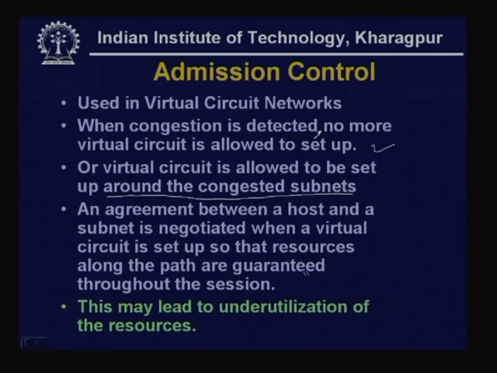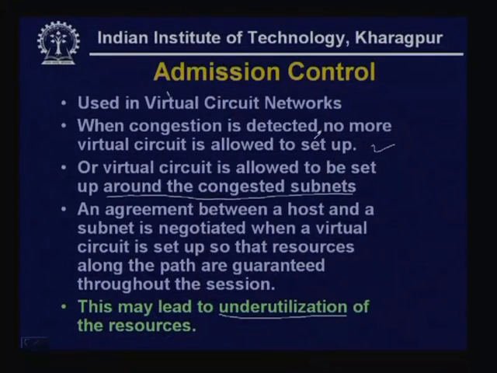However, this may lead to underutilization of the resources. Since the source node is negotiating and allocating some of the bandwidth and resources, even when it is not utilized because of the bursty nature of traffic, it is underutilized.